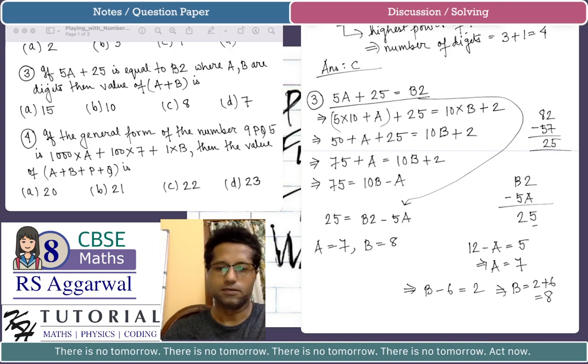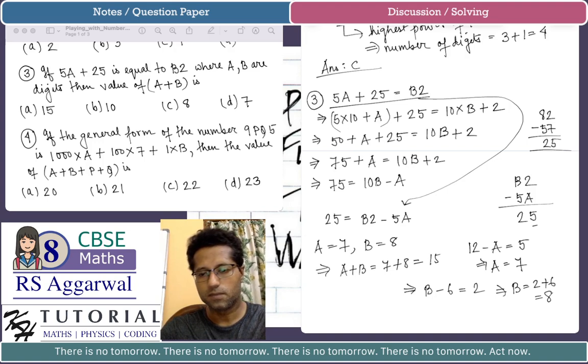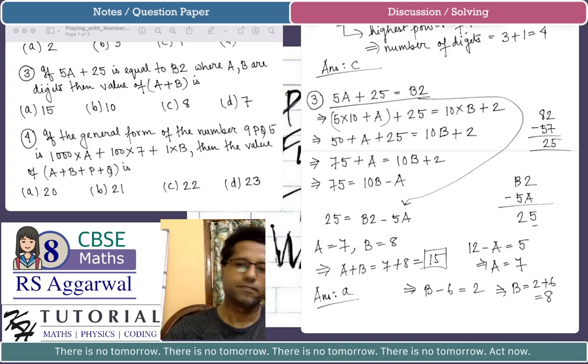Okay, so A is 7 and B is 8. This implies A plus B is equal to 7 plus 8 is equal to 15. So the correct choice is A.